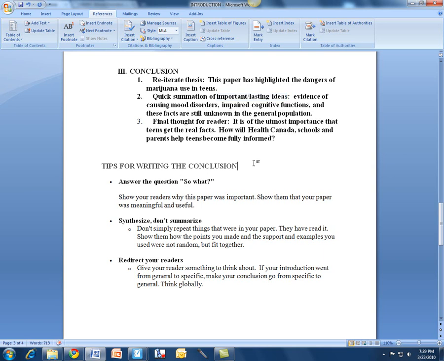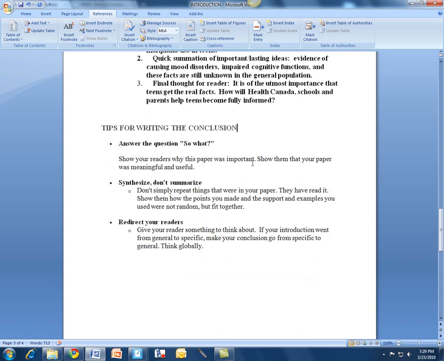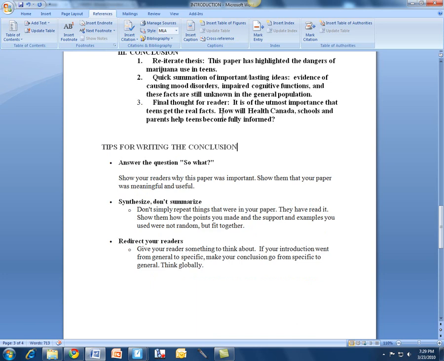And you should try to focus your reader's attention on the future. Try to think globally. Try to think, what might this mean now that you've said what it is that you've said? And one of the ways that you can do that is right here.